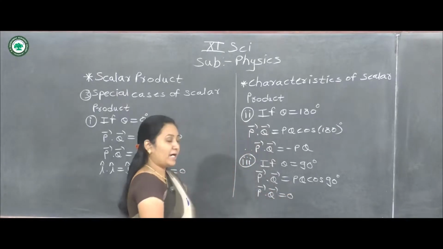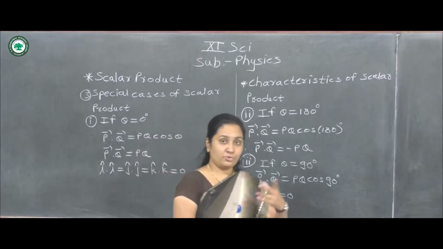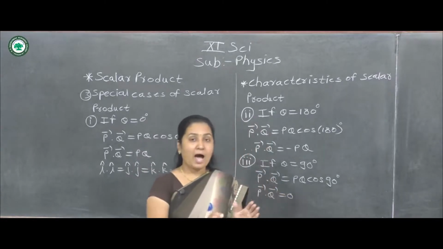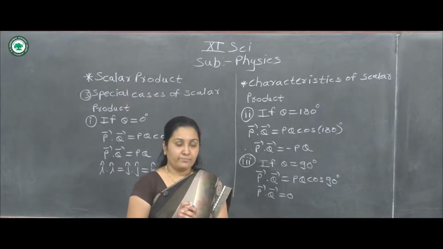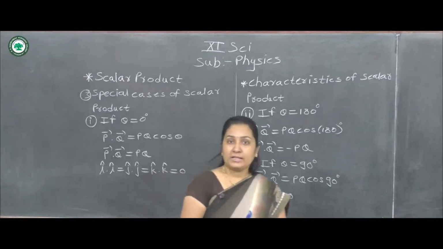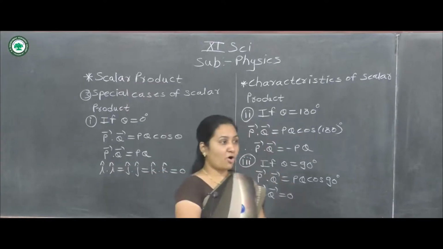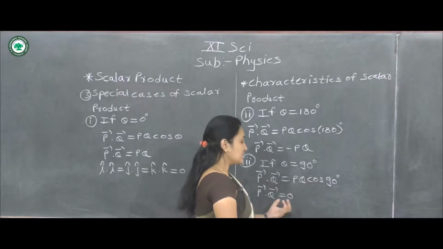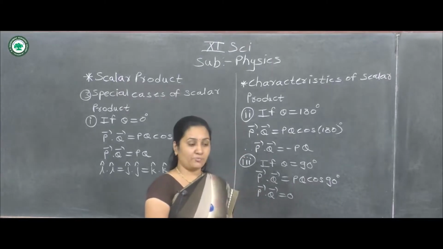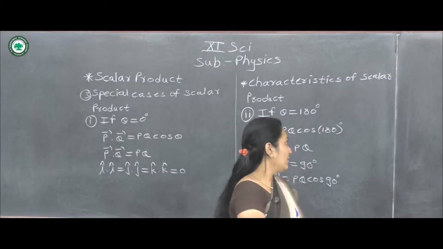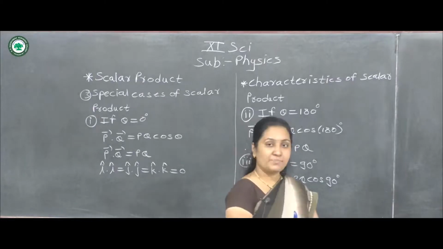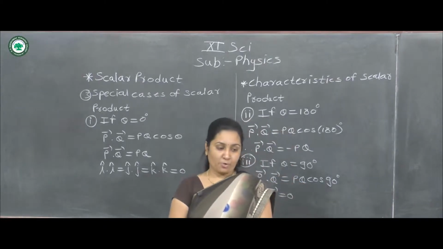That means when we are taking the dot product of two unit vectors such as i dot j or j dot k or k dot i, all these dot products will be equal to 0. So this is the third special case of scalar product.